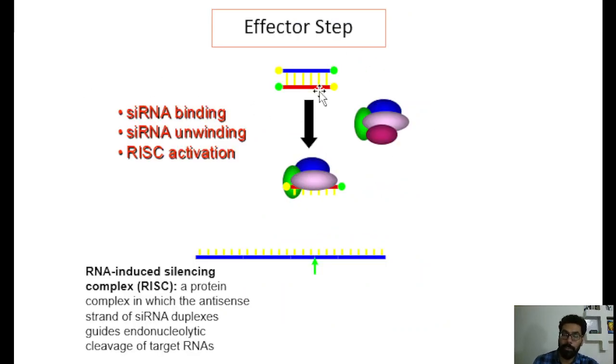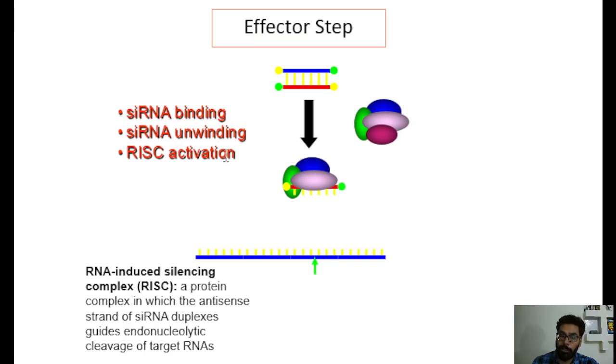Coming to the effector step, these siRNA will then bind to the protein complex known as the RNA-induced silencing complex, which, as I already told, has helicase activity, responsible for unwinding of the double-stranded RNA.